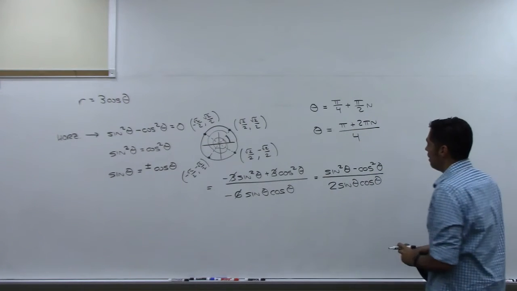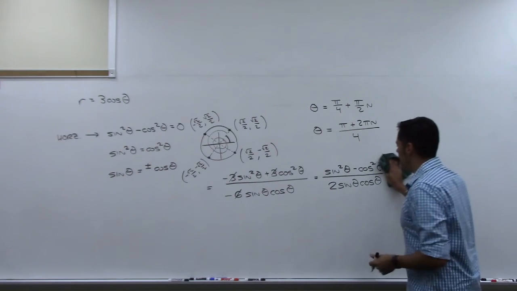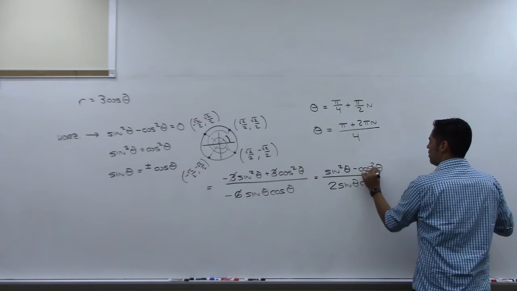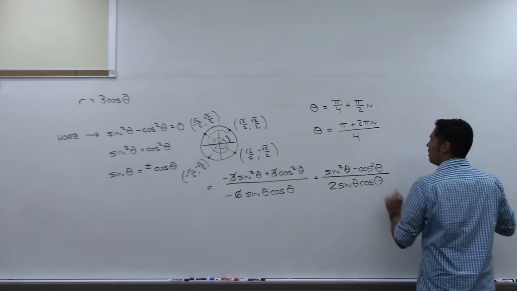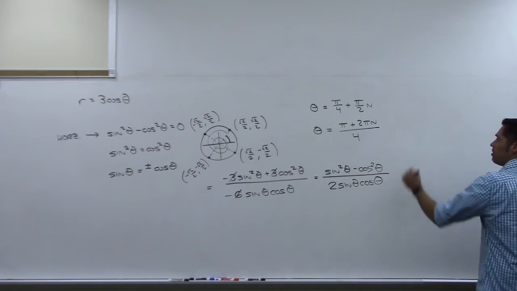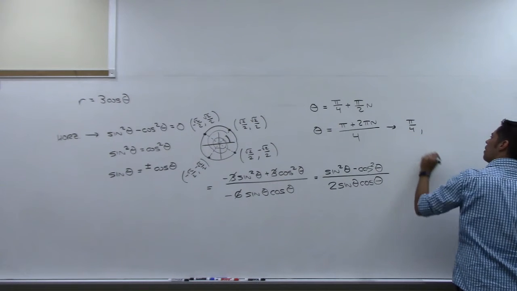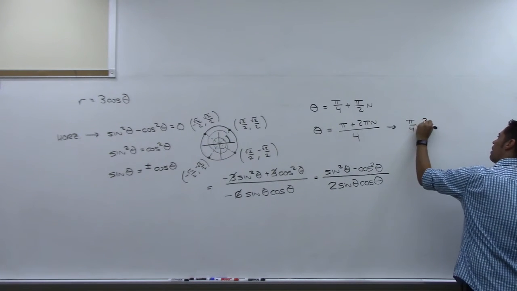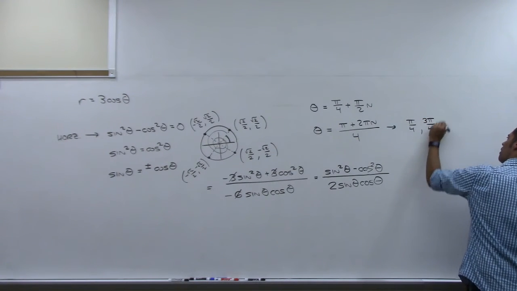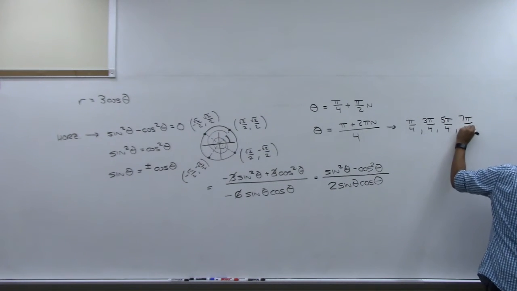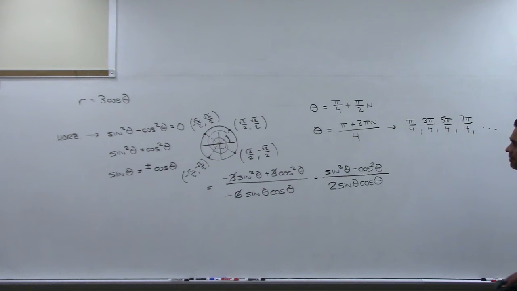And now I just let my n cycle through different numbers. If n is 0, I get pi over 4. If n is 1, I get 3 pi over 4, 5 pi over 4, 7 pi over 4, and so on and so forth. So all the odds.